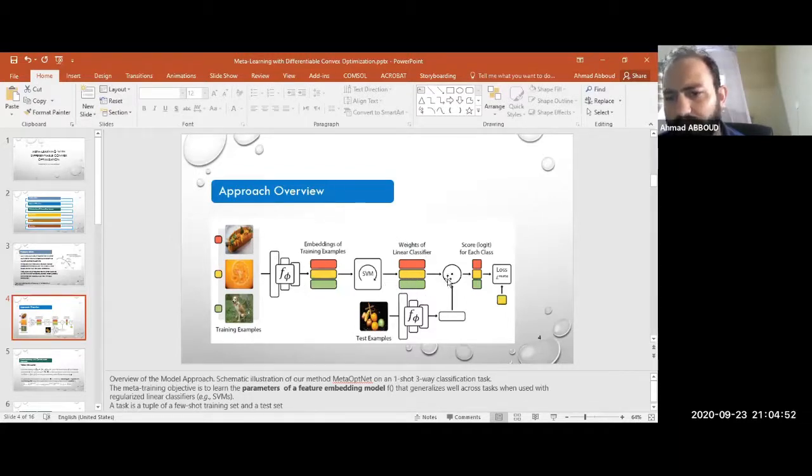After that, they use the model to find classification for novel categories that are not among the categories seen in learning. Then they test the model on novel categories and they get the result. This is the approach used in this case.